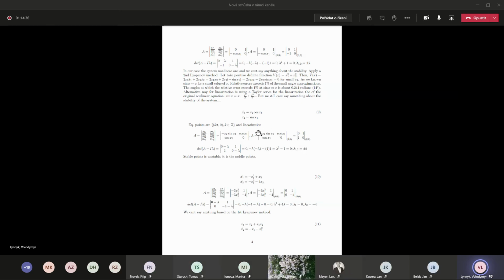Maybe some error here. I'm sorry, shouldn't it be plus minus 1 instead of plus minus j? Because it's lambda squared minus 1 equal to 0. Yes, here is a typo or error, maybe copied from the previous one. Lambda 1, 2 equal to minus 1 and plus 1, it is a saddle point here.